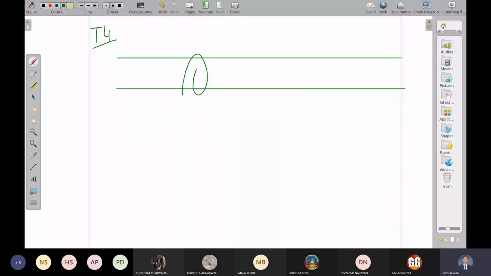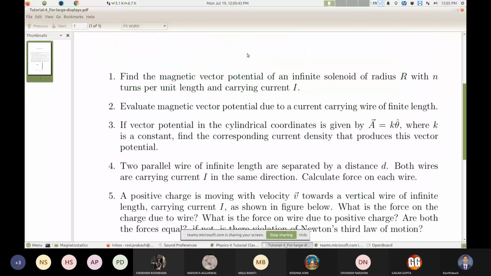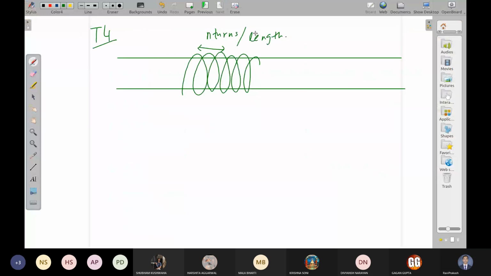So how will you find the vector potential for this solenoid? What is your approach?